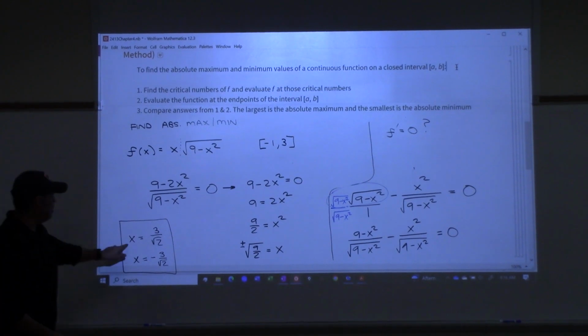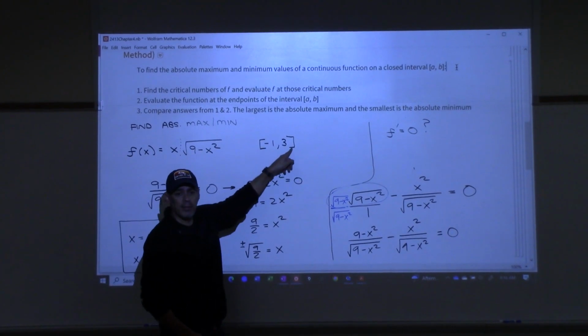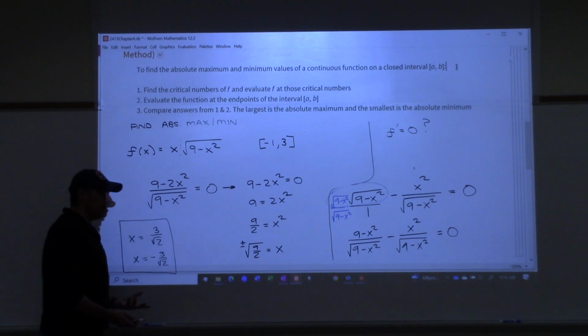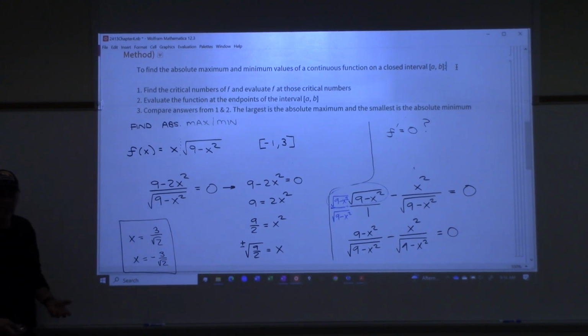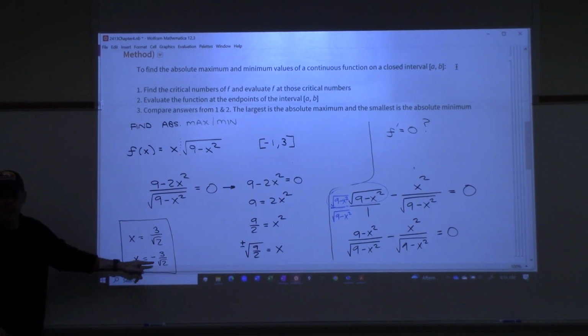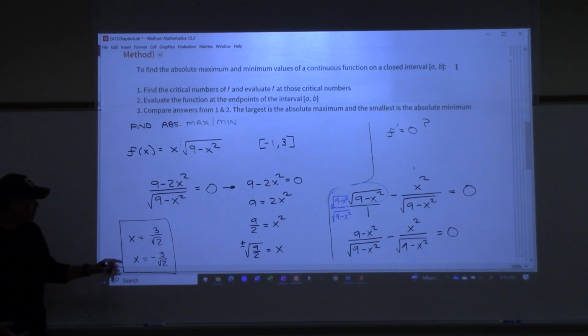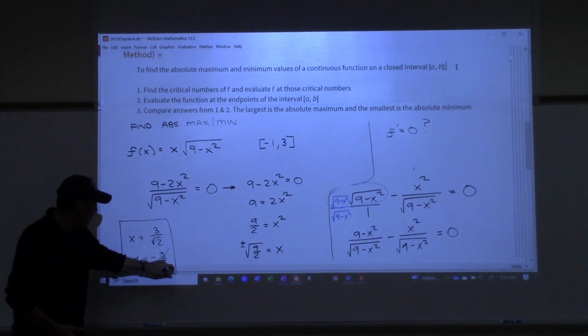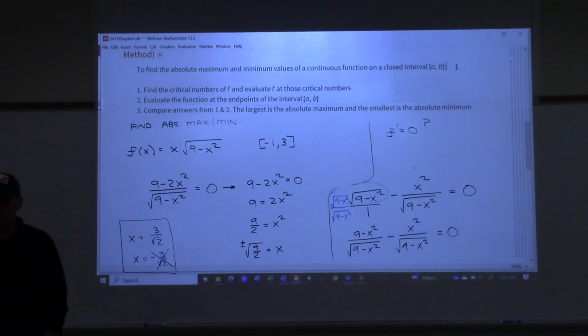So are these numbers between -1 and 3? So you might need a calculator here, right, to double check. Maybe someone can check for me. 3 divided by, this is 1.414 something, so this number is actually 2 point something, and -2 point something, right? So that means I'm going to keep them both. What do I do? Keep the positive one, throw out the negative one, right? That one is not in the domain.